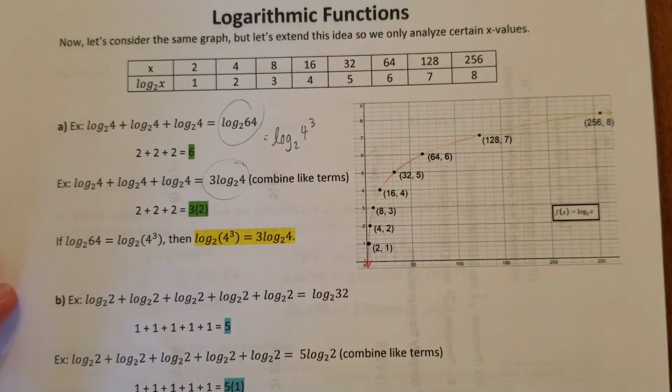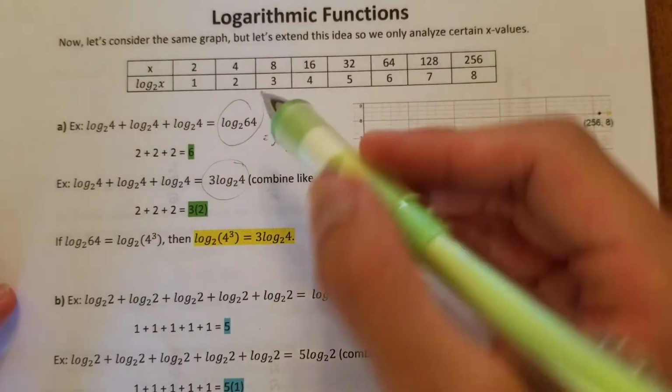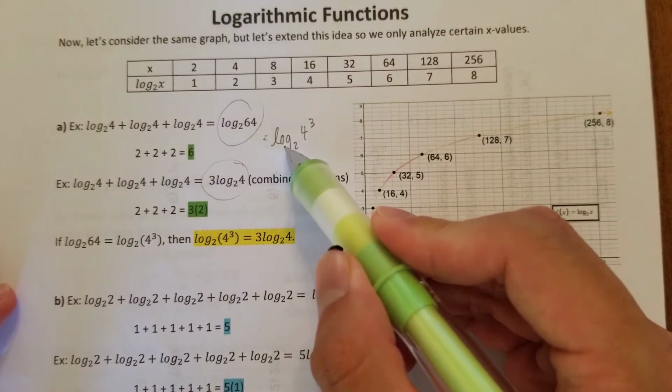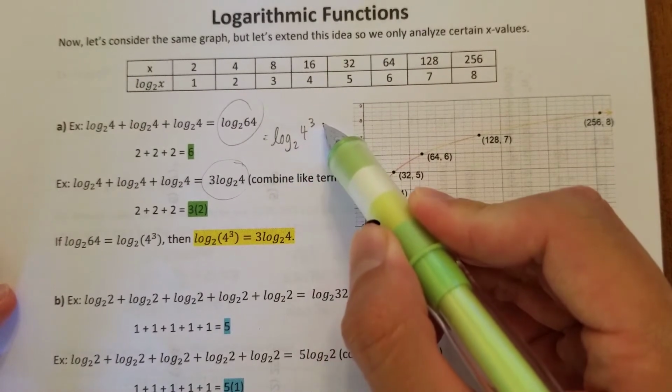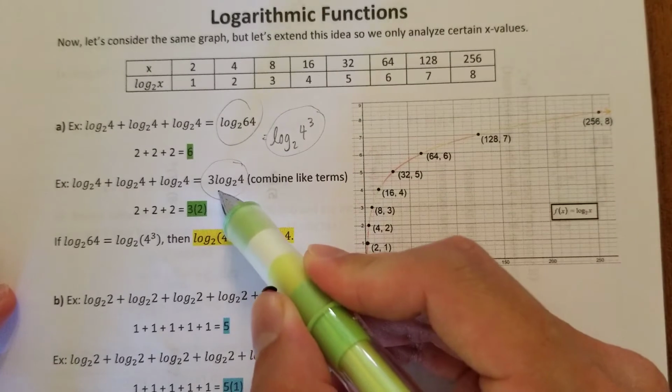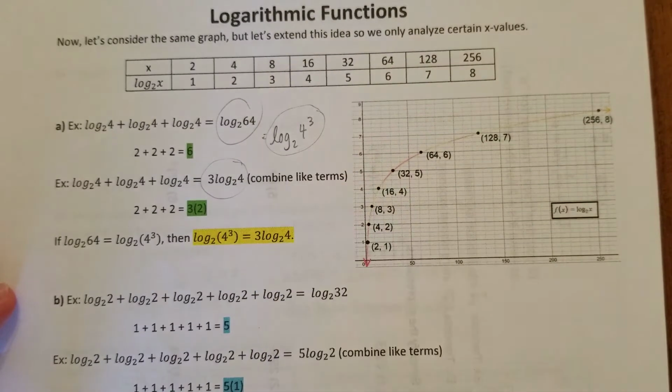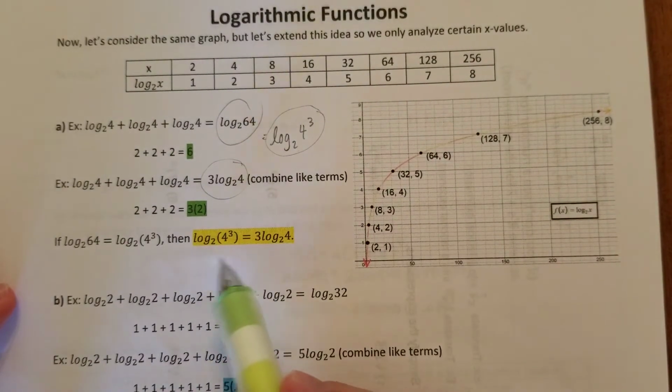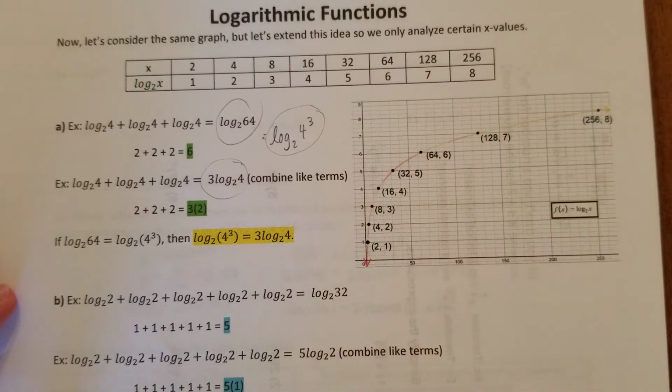What this implies is that log base 2 of 4 cubed is the same thing as 3 times log base 2 of 4, which is described right there.